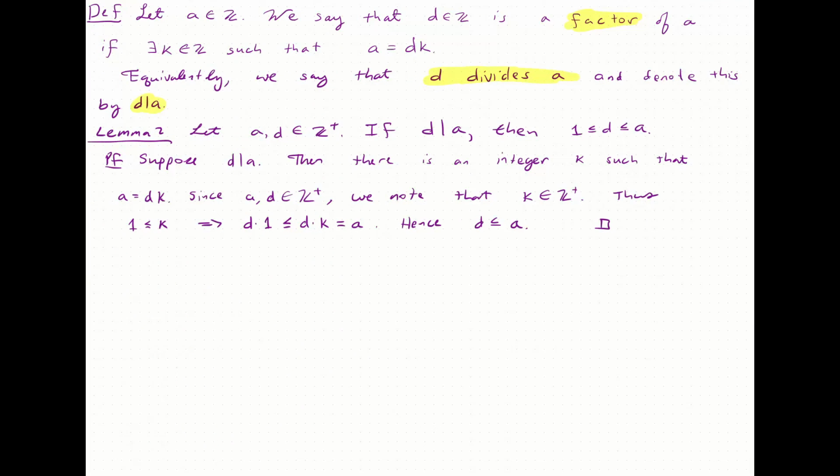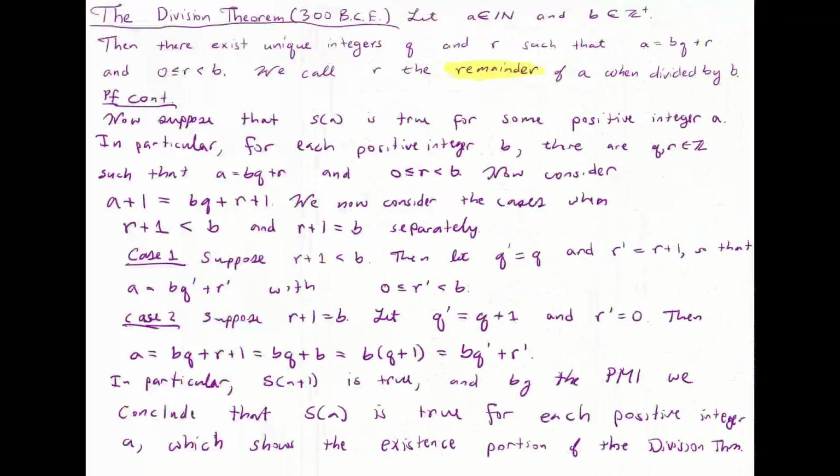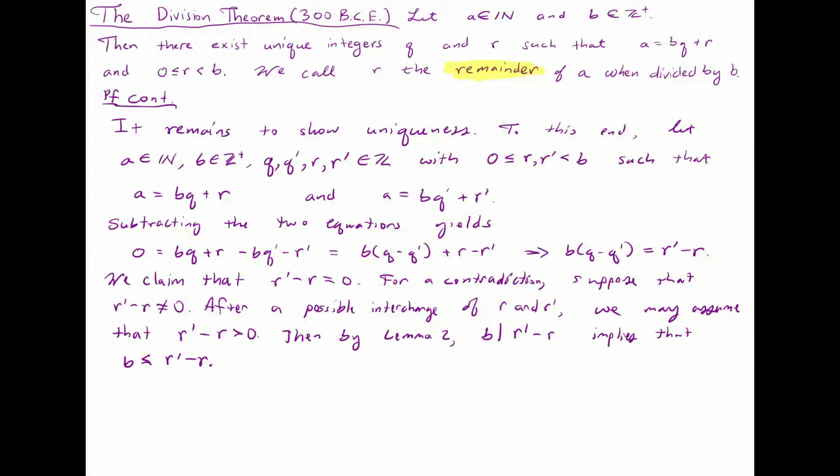Because for lemma 2, what we had is that a and d are positive integers, and our a is r prime minus r. So interchanging r and r prime if necessary is crucial so that we can assume that r prime minus r is positive, and now the lemma applies. And so since b divides r prime minus r, it is the case that b is less than or equal to r prime minus r. And that's where we are right now.